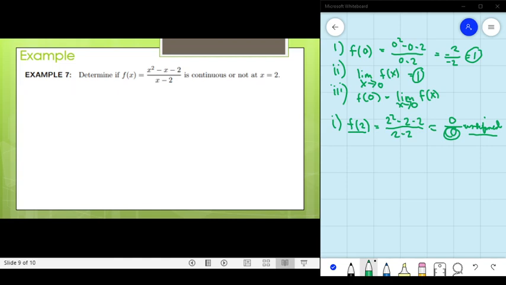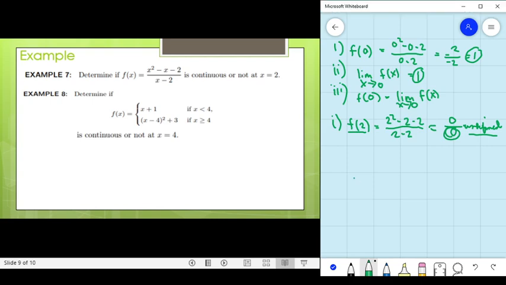We are going to check if this function is continuous or not at x equals 4. Checking for the first condition. What is f of 4?